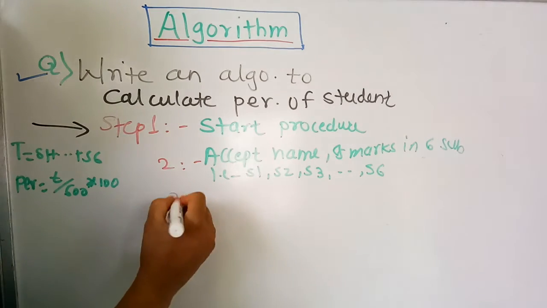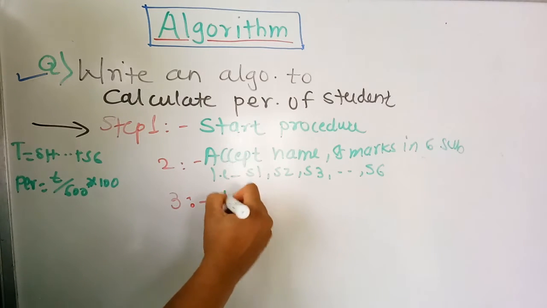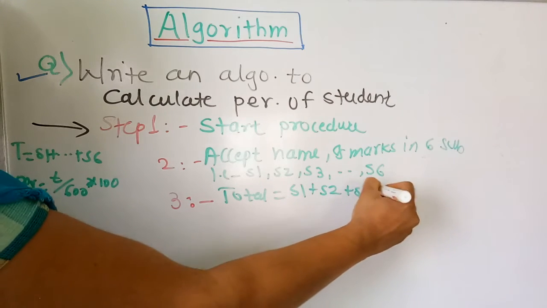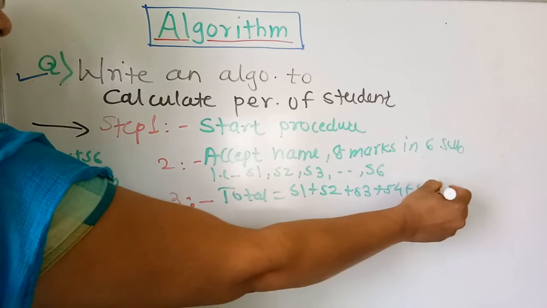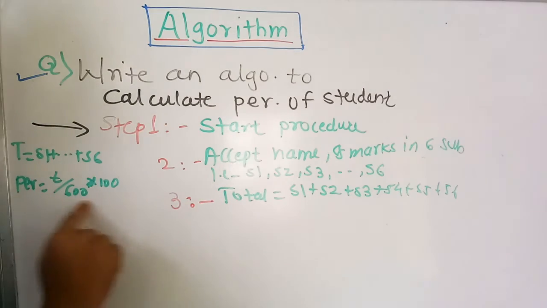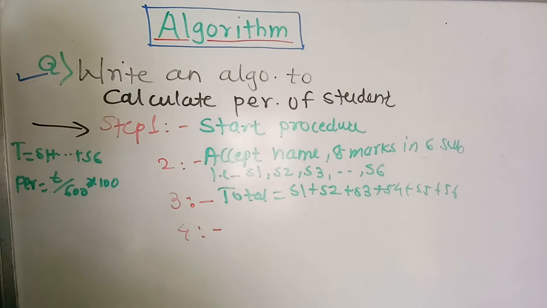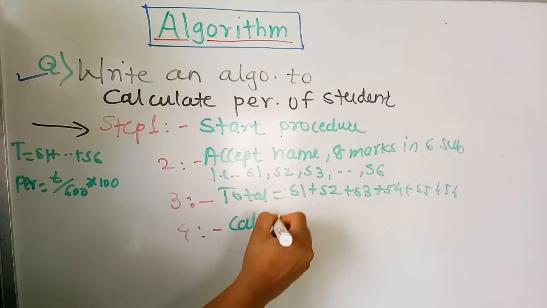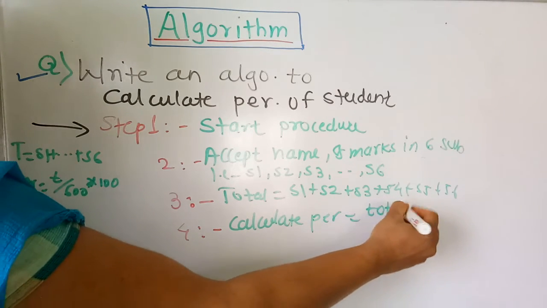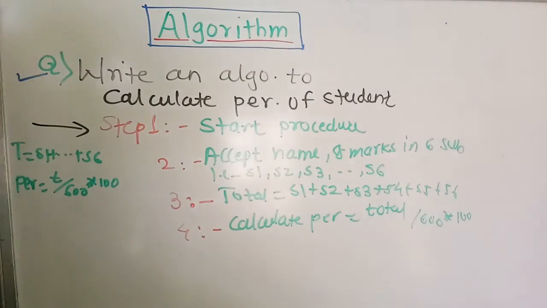What will be the next step? Step number 3: you have to calculate the total. So total equals subject 1, 2, 3, 4, 5 and 6. What will be the next step? You have to calculate the percentage. So the next step is calculate percentage, that is total divided by 600 into 100.